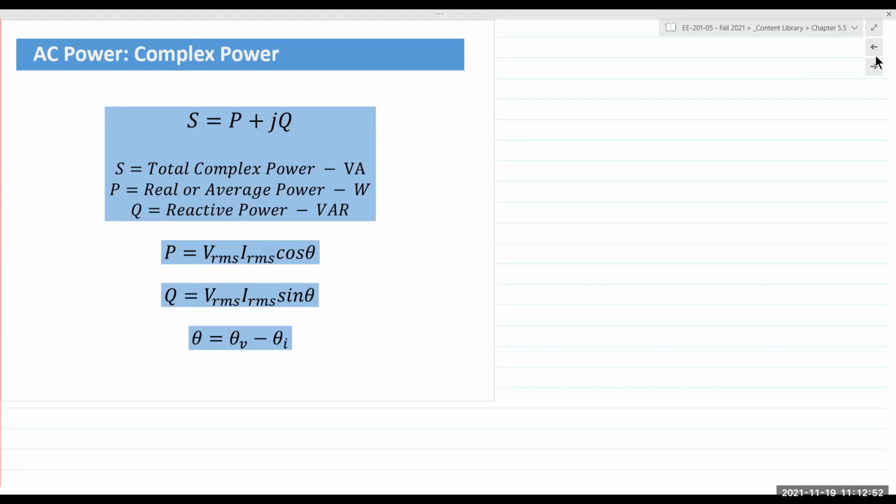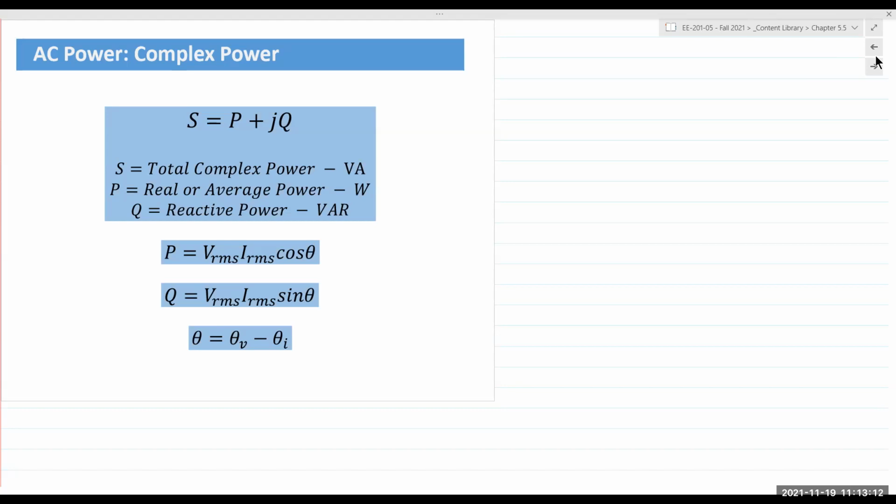The reactive power does not do any real work except it sets up the magnetic fields and the electric fields, the power associated with the reactance. So reactive power is not really consumed. It's simply flowing in and out of the inductor and the capacitor.